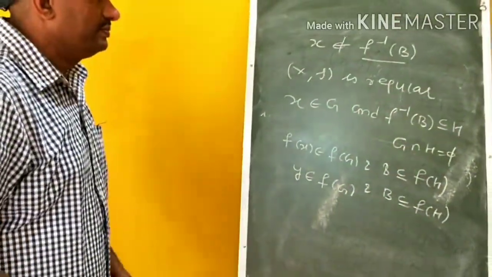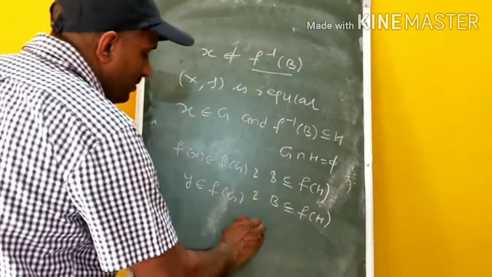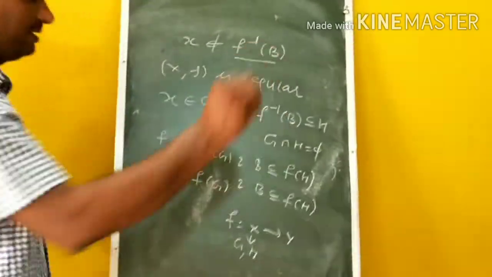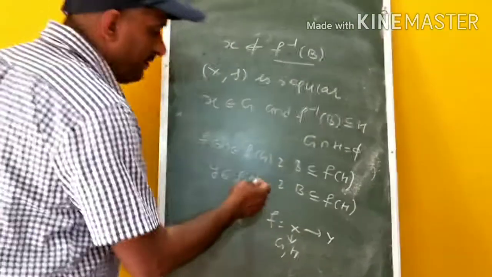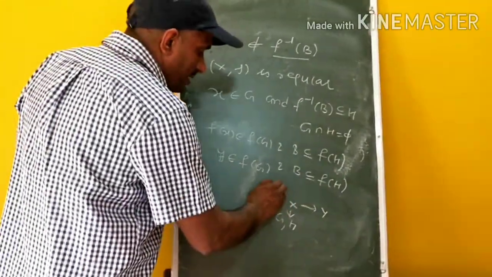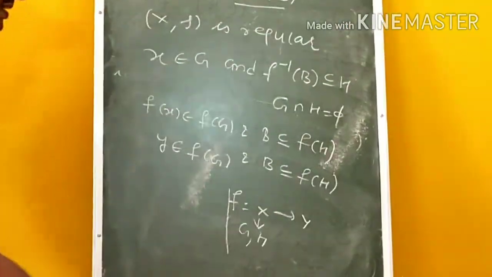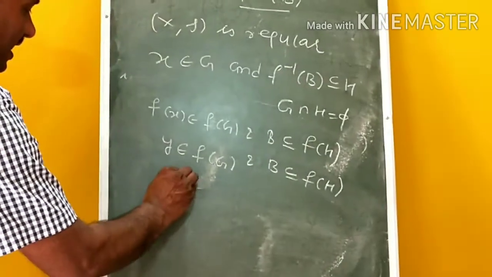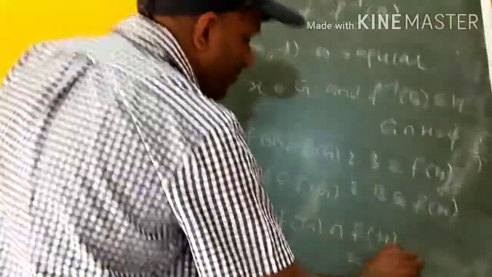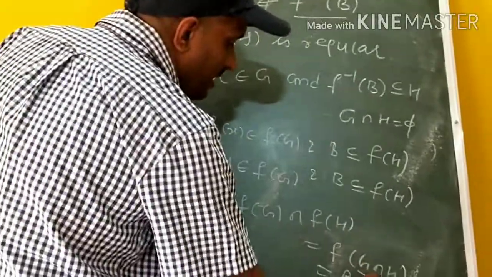You know G and H are open in X, we have given a homeomorphism from X to Y. Due to homeomorphism, f(G) and f(H) are open in Y. Or by the definition of homeomorphism, directly you can say f(G) and f(H) are open in Y, and f(G) intersection f(H) can be written, due to homeomorphism, as f(G intersection H), and G intersection H is already disjoint.